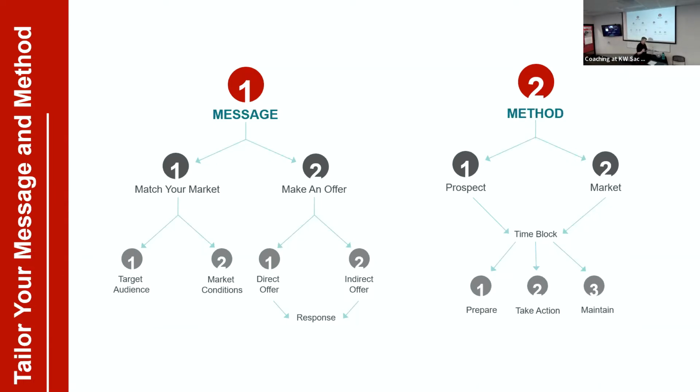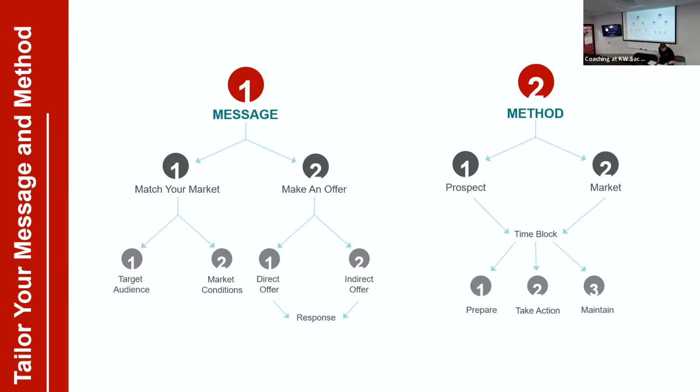We call this the message and method of your lead generation, or the 2 M's as it's called. The message needs to match your market and it needs to make an offer for immediate response. So you need to match the market and tailor the intended message to the sentiments and the market conditions of the target group in the area which you want to offer.